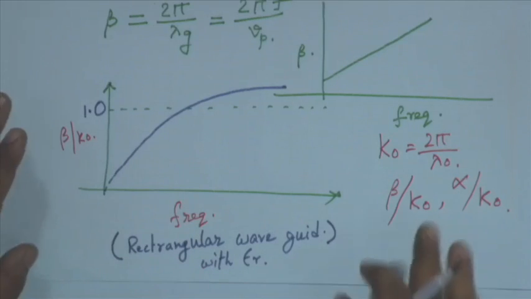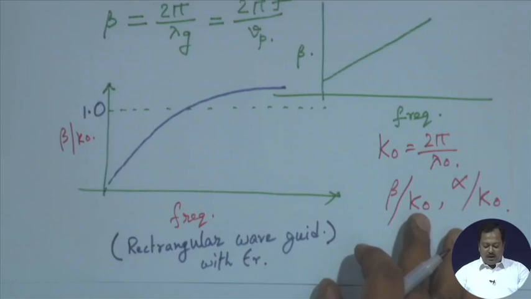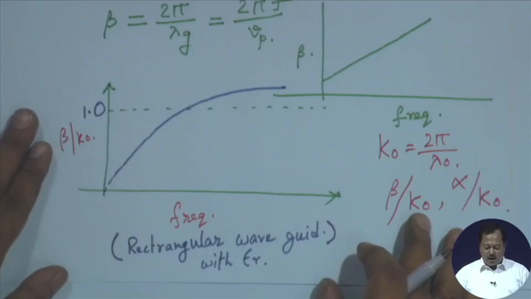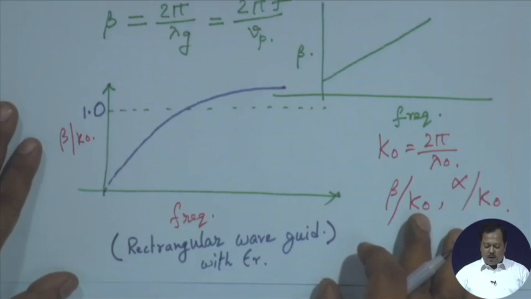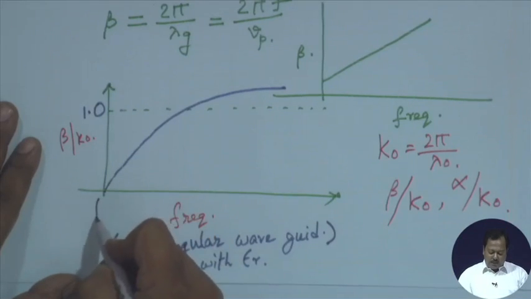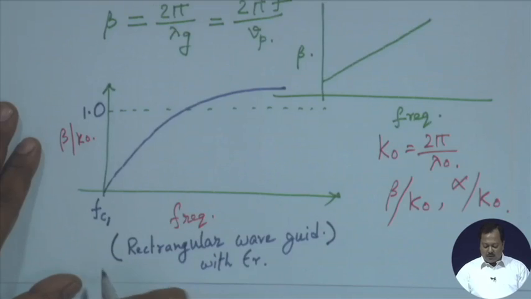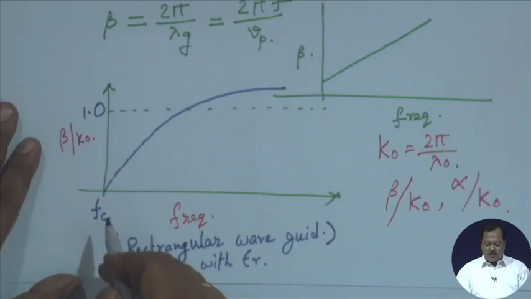This diagram, beta by k naught versus frequency, is called the dispersion curve or dispersion diagram, and it provides many important information. For example, you see at this particular frequency, let us say FC1, starting from let us say 30 gigahertz, beta by k naught equals 0.